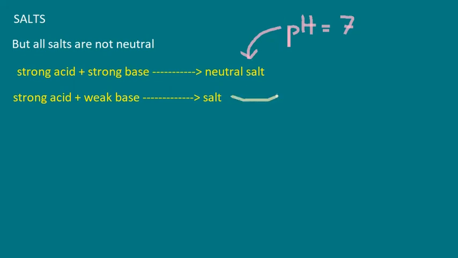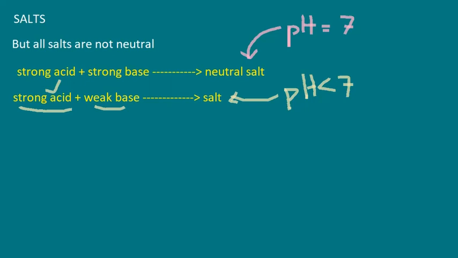So the pH value of this salt is less than 7. And why? Because a strong acid is reacting with a weak base, and so this salt is somewhat acidic in nature.